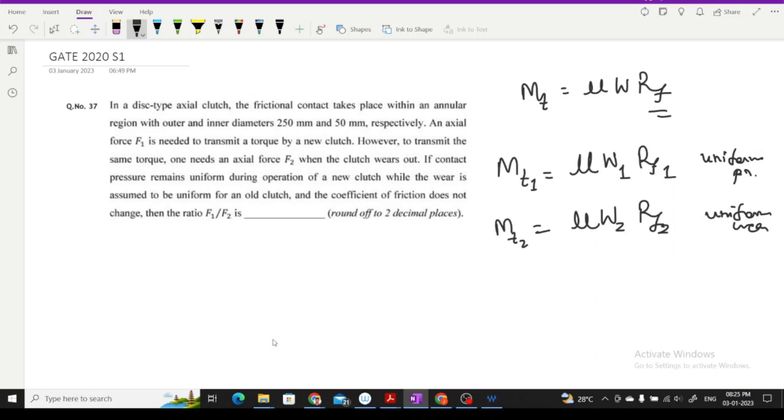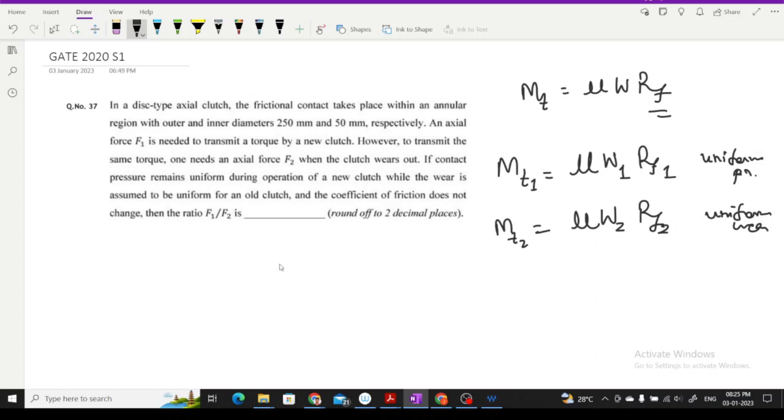So what you need to do is take the ratio of W1 by W2. The answer will be 0.8572.